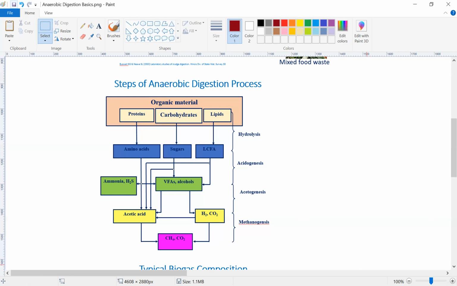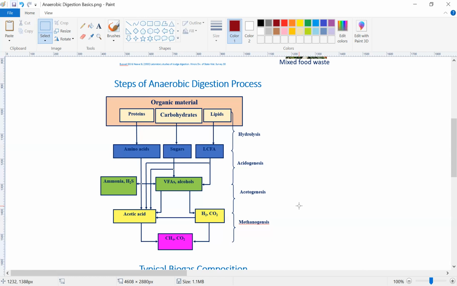So what happens here? This organic matter can undergo several processes until the biogas is produced. The first step is hydrolysis, or the disintegration of complex compounds like protein, carbohydrate, and lipids. This disintegration can happen by enzymes.